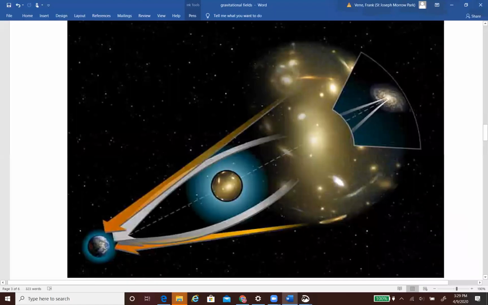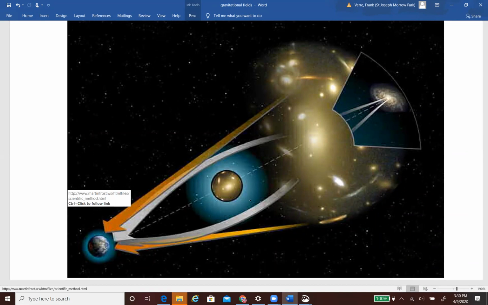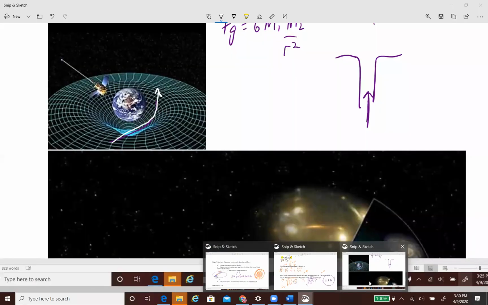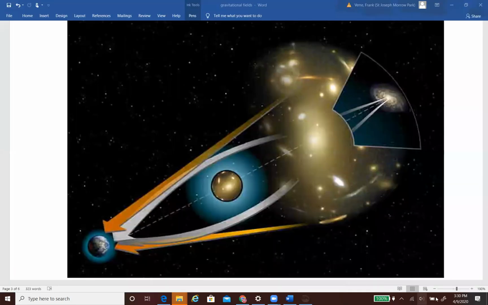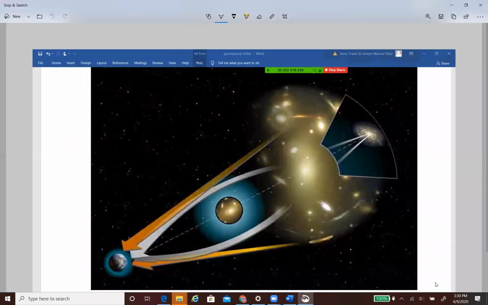And you can see that here. So imagine that we have a massive object, like a supermassive black hole sitting in the middle of this image, okay? Behind it sits some galaxy, or maybe a bunch of galaxies.